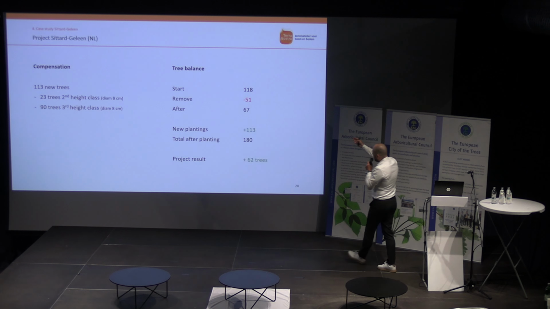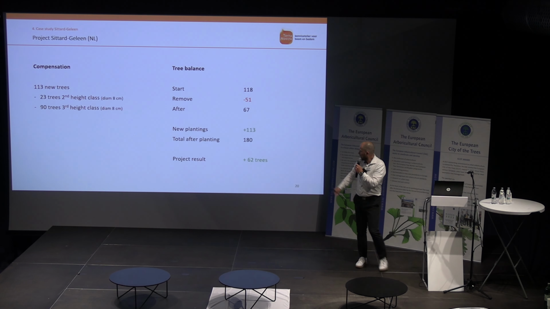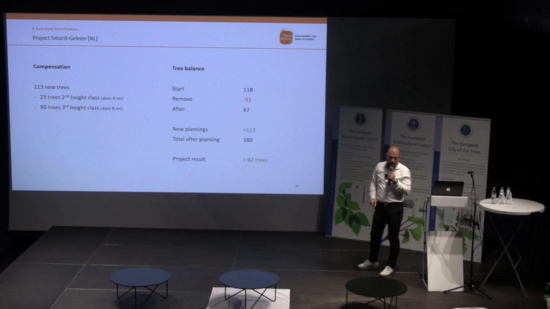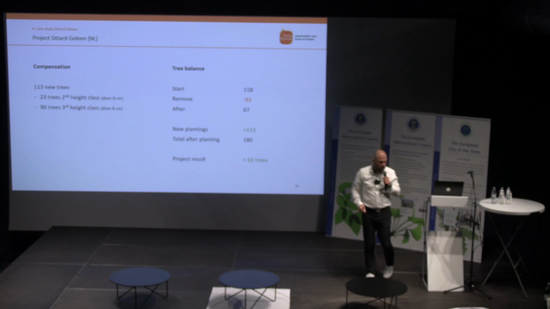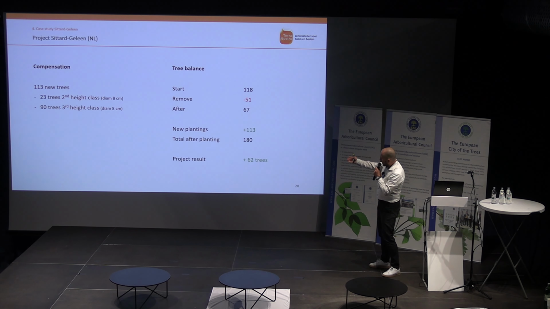So we had 118 trees, we removed 51, and we were left with 67, but we planted 113 new trees. So we end up with 180, and yeah, this would be a great project, maybe. But that's how we used to look at projects. We have 62 more trees after this project is finished.